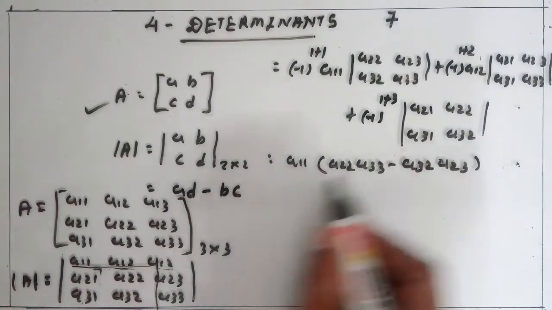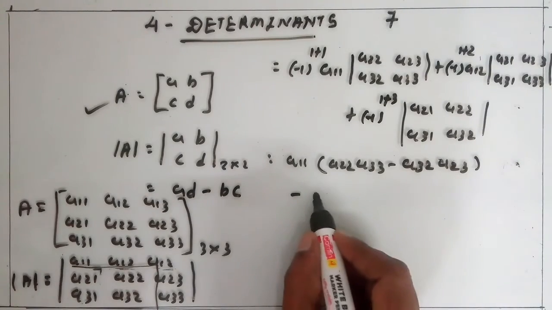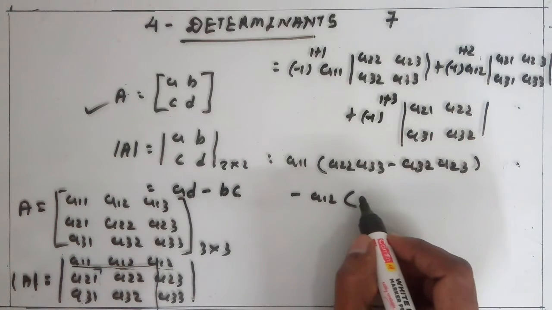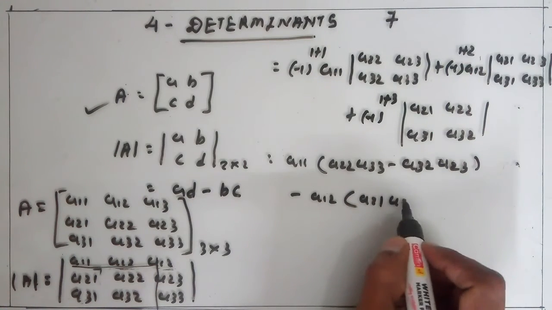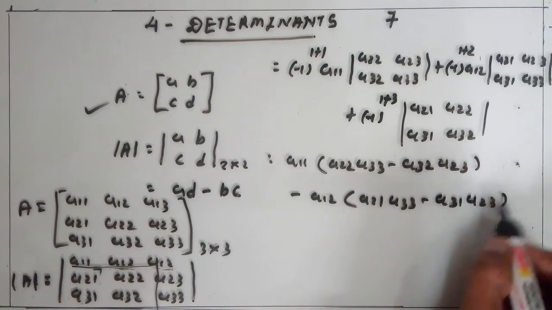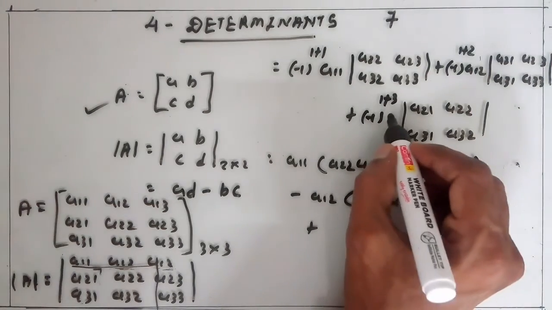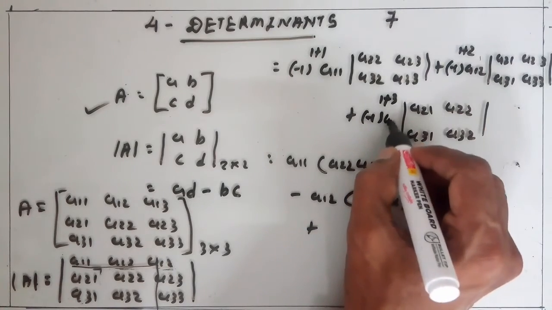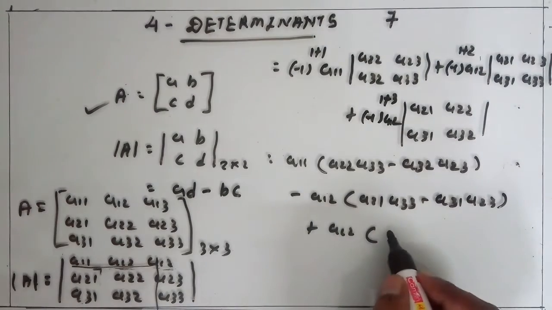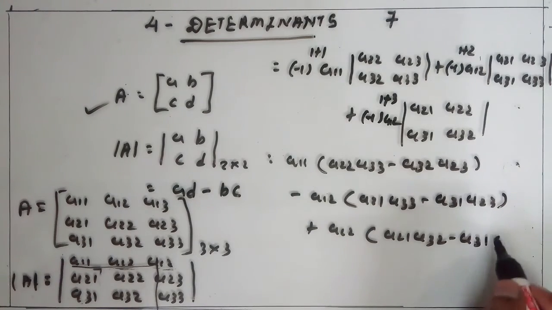Clear? -1 raised to 1 plus 2, that is 3. -1 raised to 3 is equal to minus, into A12 into the value of this determinant, which is A21 A33 minus A31 A23. Clear? Plus, -1 raised to 4 is equal to plus 1 into, here the last entry A13 given, so A13 into A21 A32 minus A31 into A22.